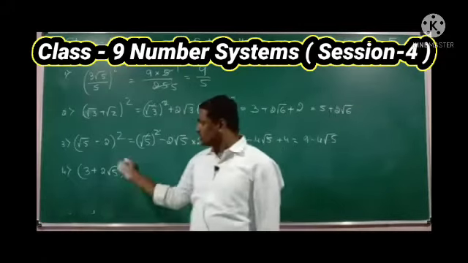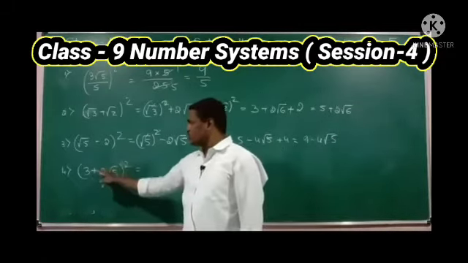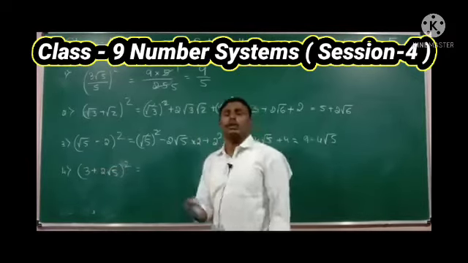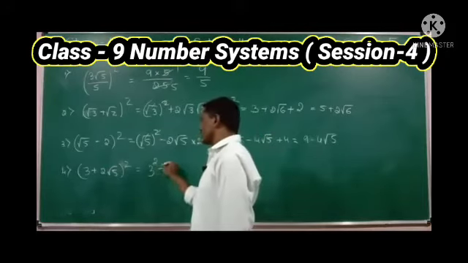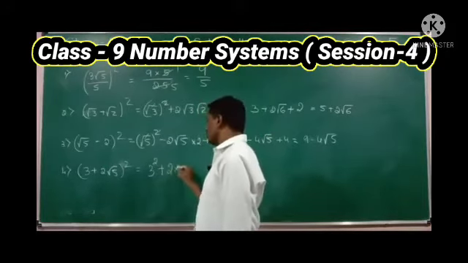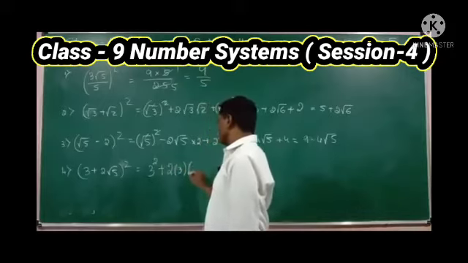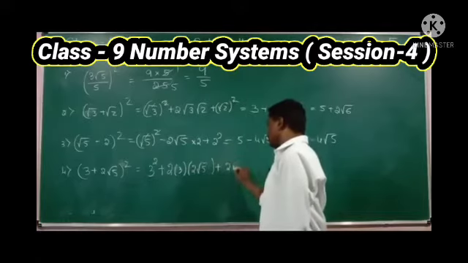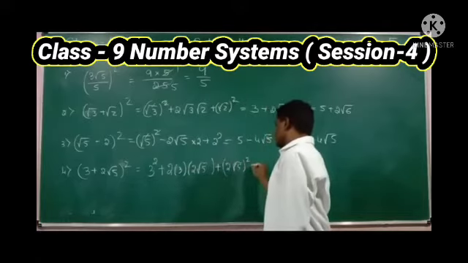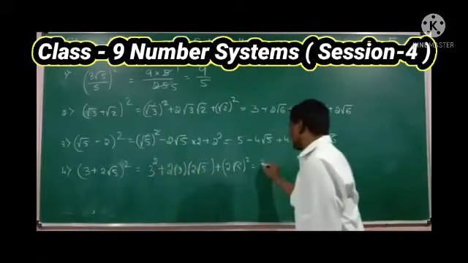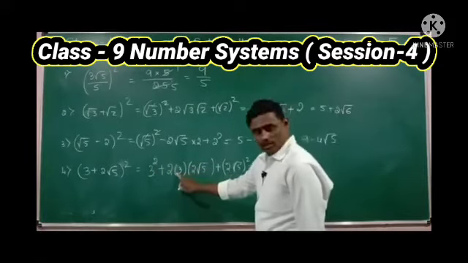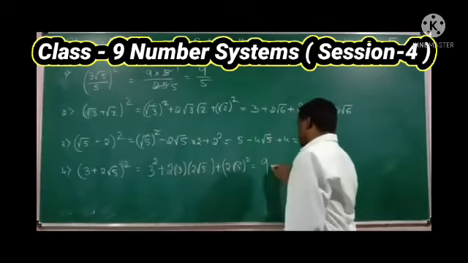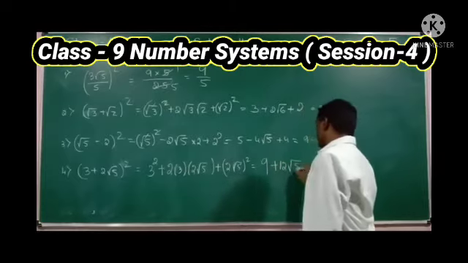Similarly, the last question, the fourth one: 3 plus 2 root 5 whole square. Again it is in the form of a plus b whole square. So 3 square plus 2 into 3 into 2 root 5 plus 2 root 5 whole square. 3 square is 9; 2 threes are 6, 6 twos are 12, so plus 12 root 5.